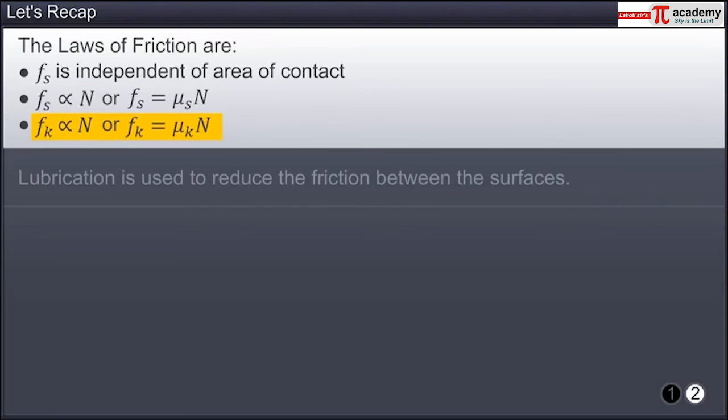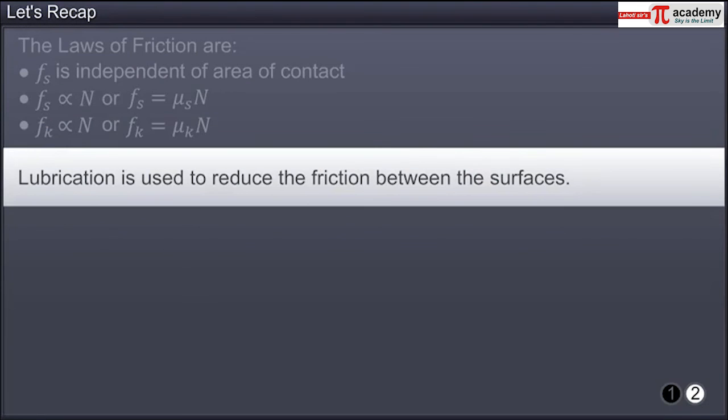Kinetic friction is proportional to normal reaction. It is equal to the product of mu k and N, where mu k is the coefficient of kinetic friction. Lubrication is used to reduce friction between the surfaces.